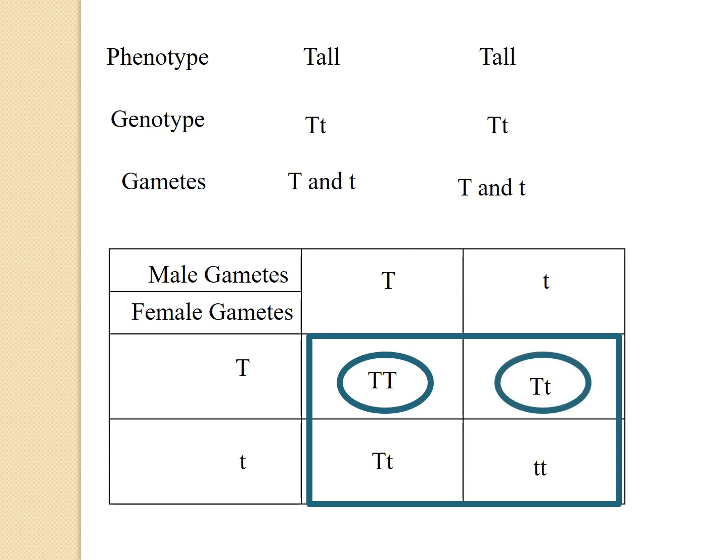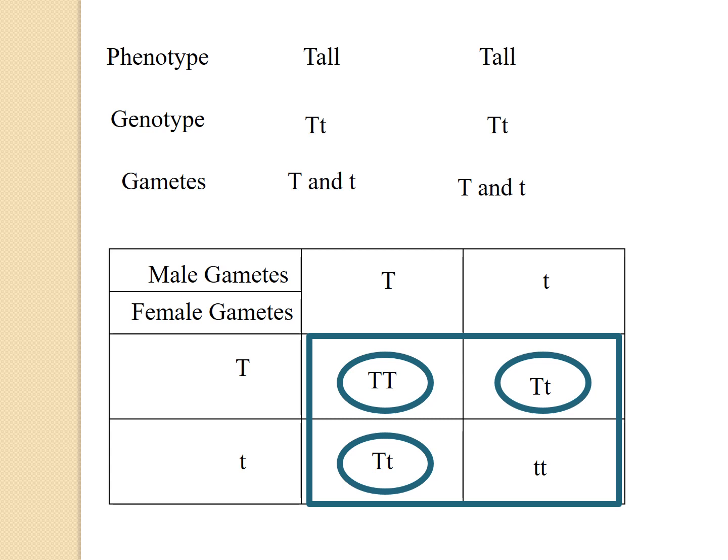Second, here what I've circled has both capital T and small t. But because it has a capital T and because it is dominant, the second plant will also be tall. This also has one capital and one small, and because it has a capital, it's got the dominant gene, and that is why it is going to be tall.